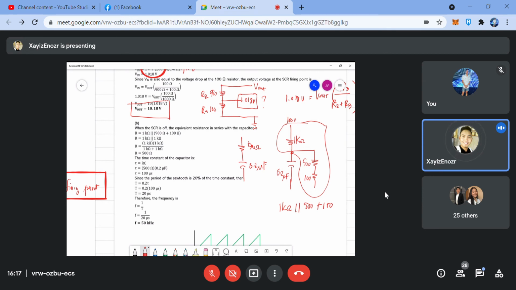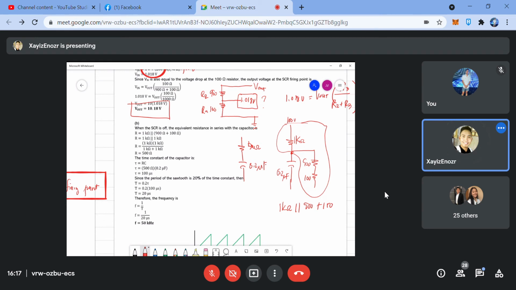Then, yung time constant ng capacitor tau, okay, so yung time constant is equal to the resistance times the capacitance ng isang RC network. So therefore, tau or the time constant is 500 ohms times 0.2 microfarad.